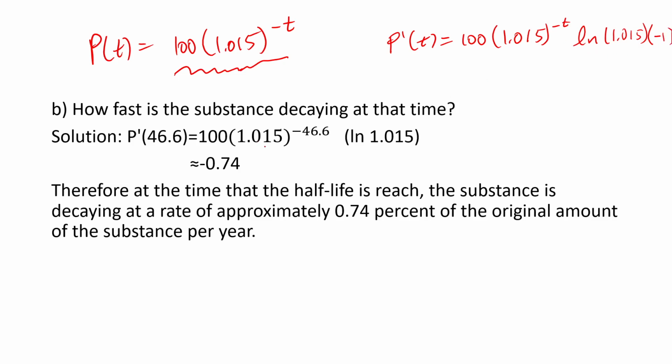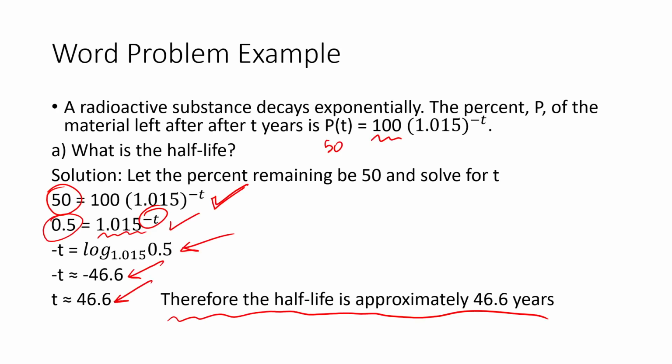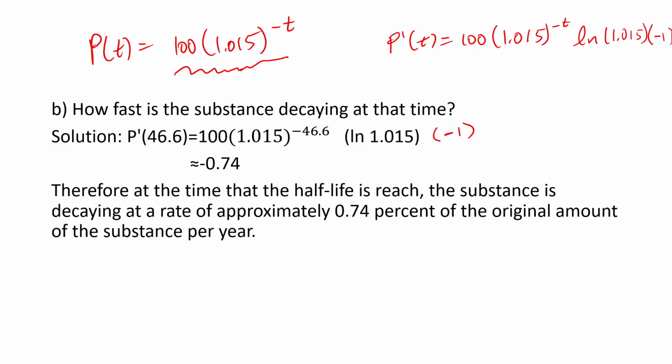There should be a negative 1 at the end here. It looks like it's missing. Now, when you multiply through 100 times 1.015 to the exponent negative 46.6 times the ln of 1.015 times negative 1, you get roughly negative 0.74.